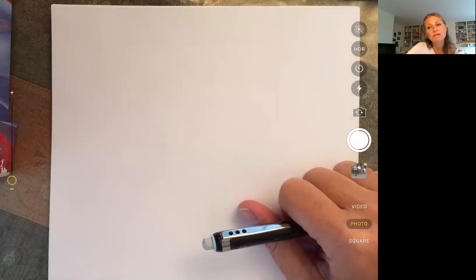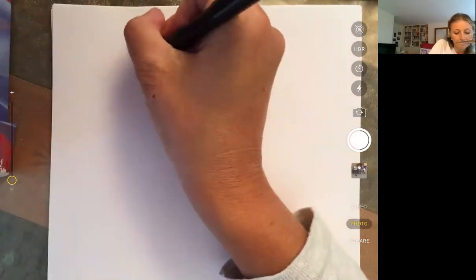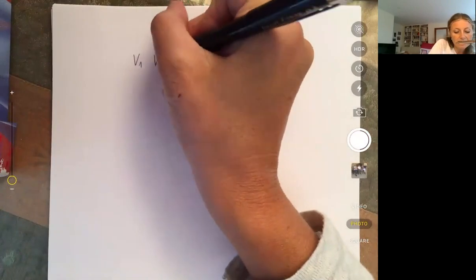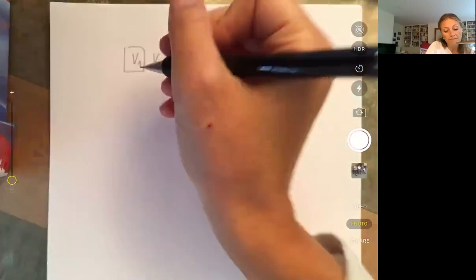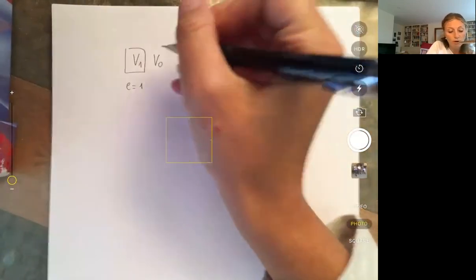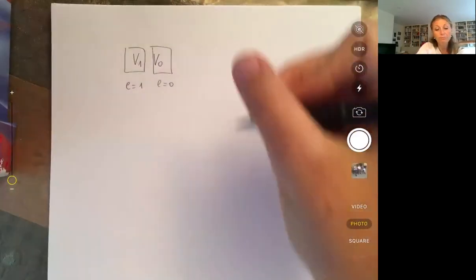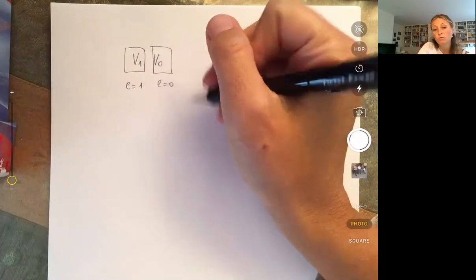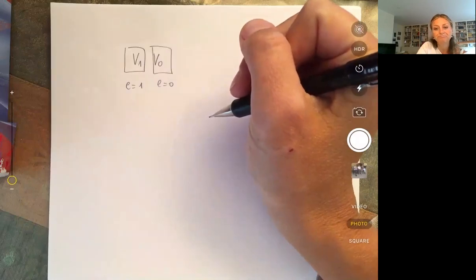We have seen, for example, that the principal would like to maximize his utility function under V1, meaning the agent exerting E equal to 1 rather than V0, which is the utility that he gets when the agent exerts E equal to 0.